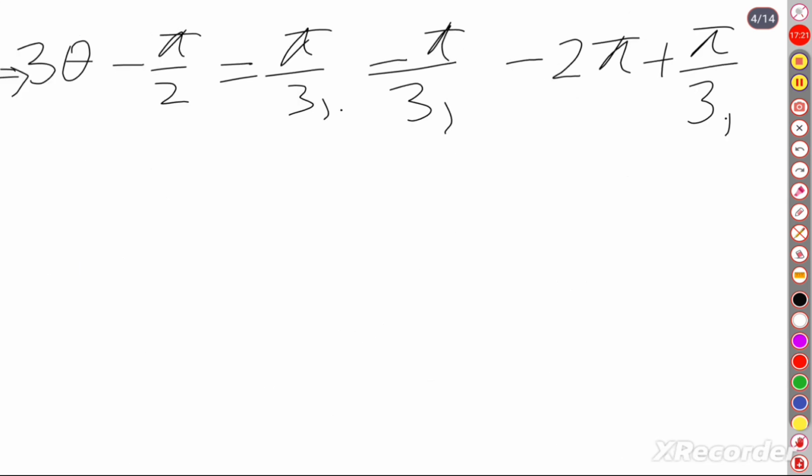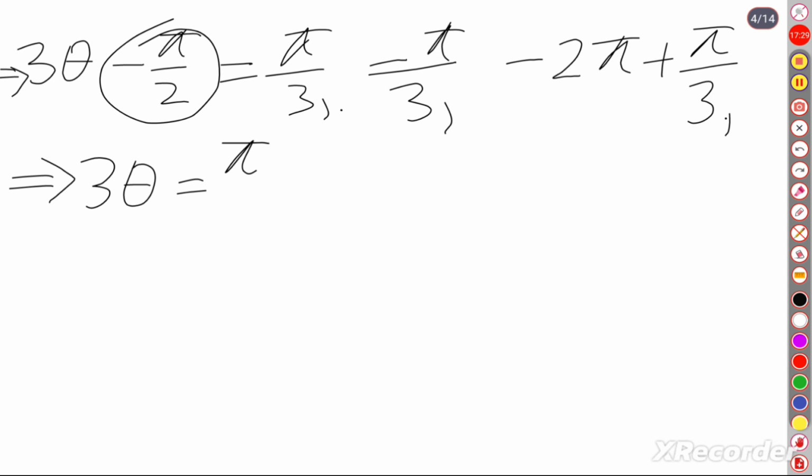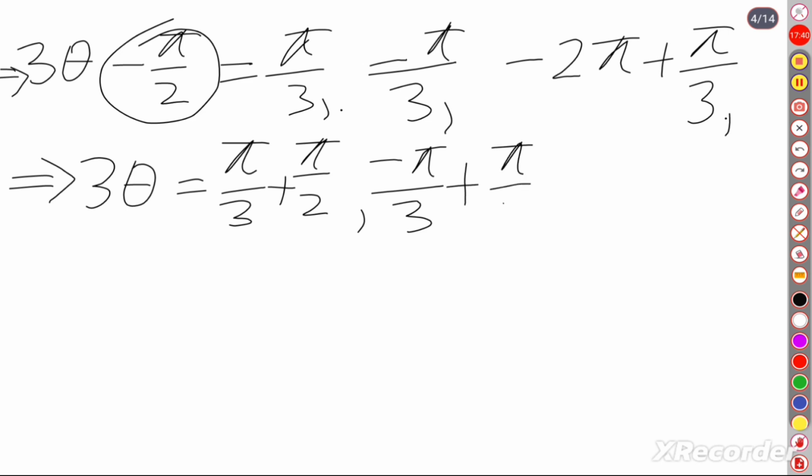Now from the left side, if we simplify, this pi over 2 can be taken to the right side, and it will be positive pi over 2, negative pi over 3 plus positive pi over 2.